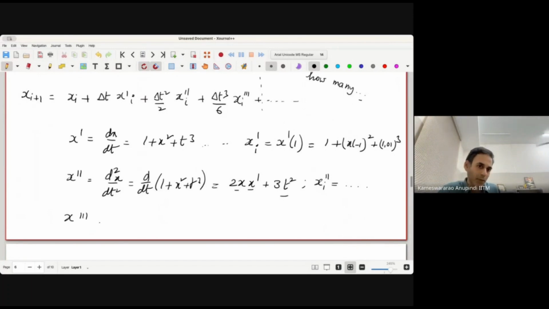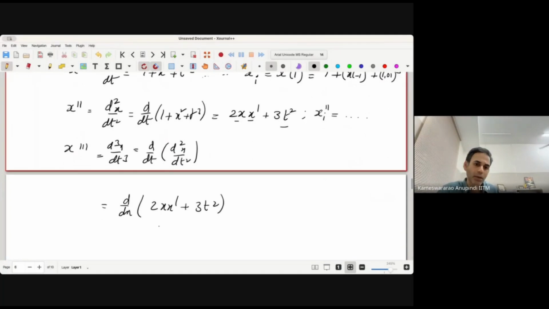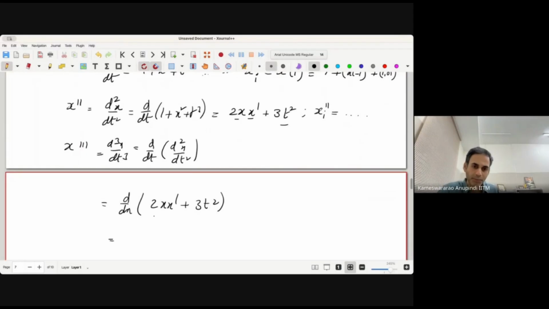Similarly, x triple prime is going to be d cube x by dt cube. That is d by dt of d square x by dt square, which is d by dt of 2x x prime plus 3t square. There will be 2 terms from the first part, giving 2 times x prime square plus 2x x double prime, plus 6t.